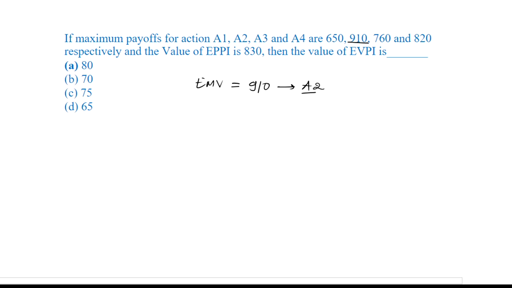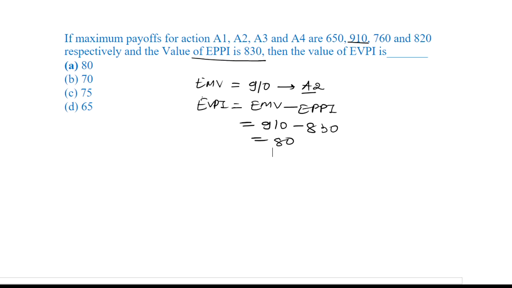Then the value of EPPI is also given. How do I calculate EVPI? EVPI is EMV minus EPPI. EMV is 910 minus EPPI given to us as 830, and hence the answer is 80. Correct? So the right answer is option A.